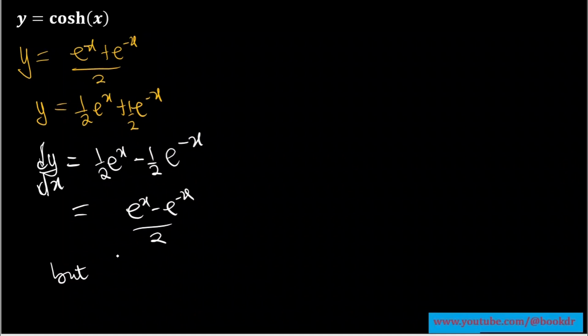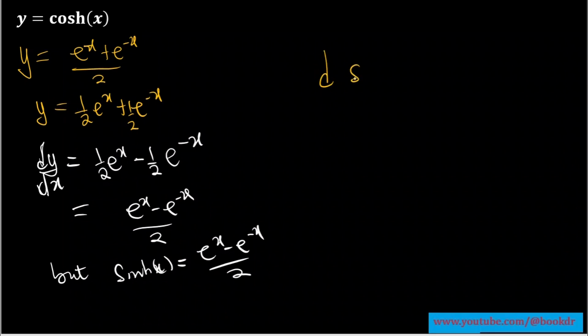hyperbolic sine. So we know that sinh x is equal to e power x minus e power negative x all over 2. Hence, we can conclude that the derivative of cosh x is sinh x.